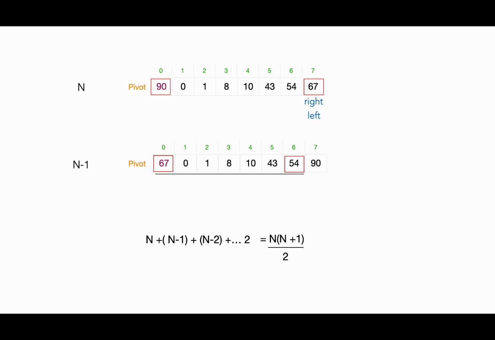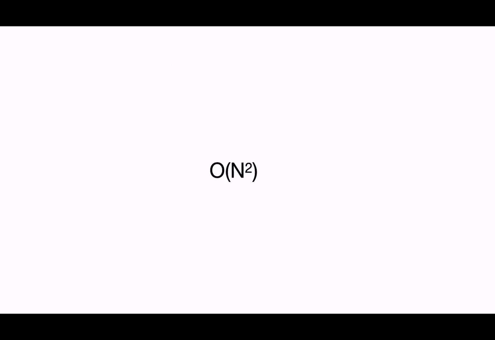But here we are going till 2. Still, it is approximately equal to n(n+1)/2. And analyzing it asymptotically, we will ignore everything other than the term n squared. So the time complexity of the quicksort algorithm is order of n squared.